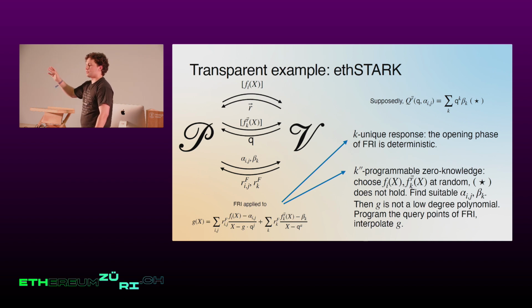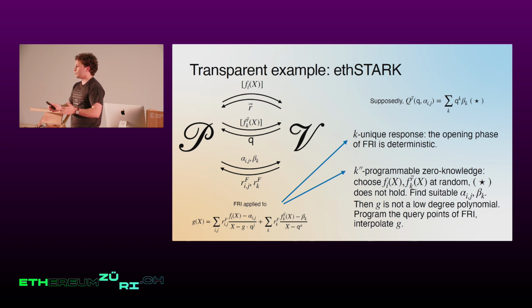So why can we do that? For example, we can choose everything at random except one beta. And then the equation becomes linear in this last variable, and so we just solve for the last variable. Once we've done that, we claim that the polynomials we've committed to evaluate to the alphas and the betas.